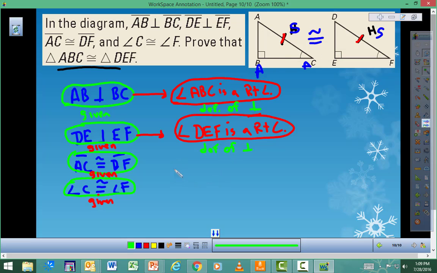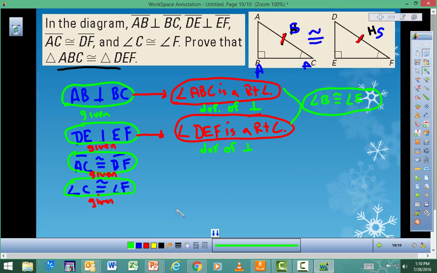Okay, so that gives me the right angle, and we know that right angles are congruent. I can then write down this one: angle B is congruent to angle E. That's this one. And we had a theorem that said all right angles are congruent, so I'll just write that.